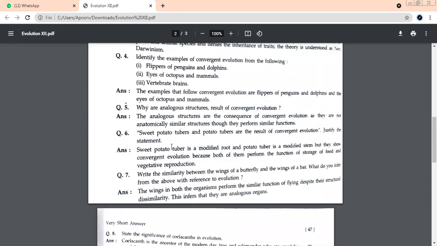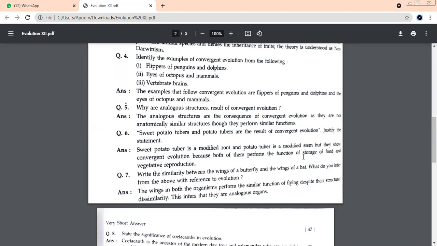Let's understand this. Sweet potato tubers and potato tubers are the result of convergent evolution, justified. Sweet potato tuber is a modified root. And potato tuber is a modified stem. That means the ancestors were not the same.